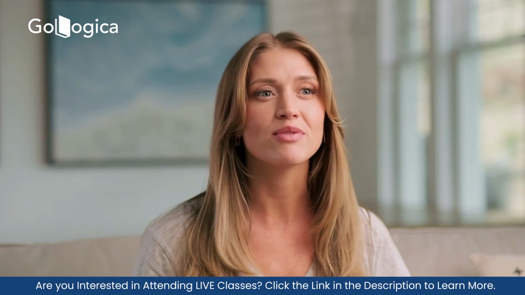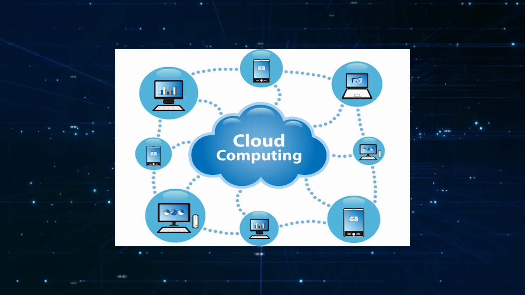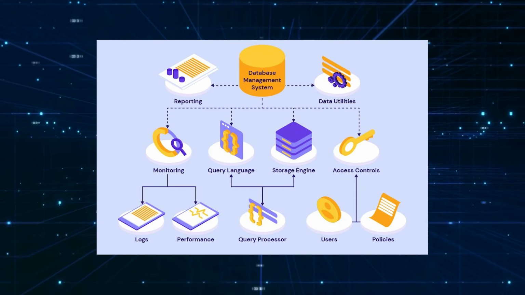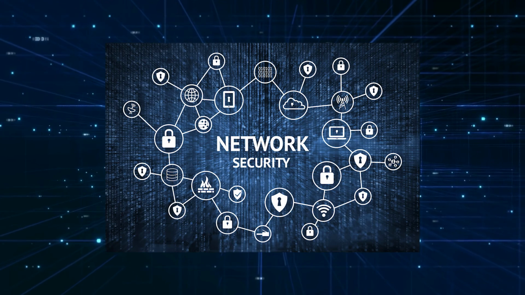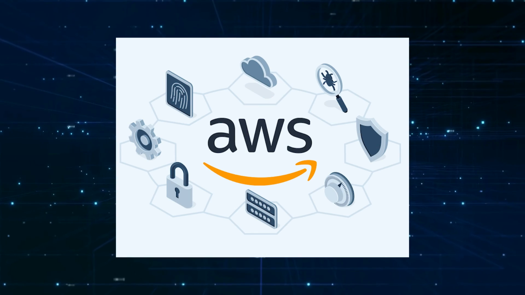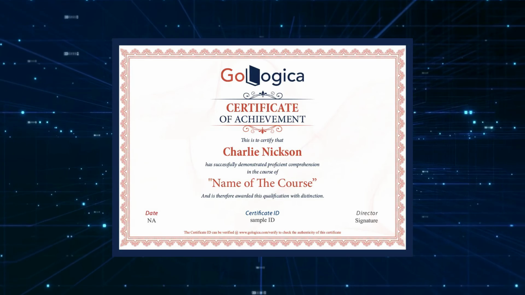The training covers various modules, including an introduction to AWS, cloud computing concepts, compute services, storage and databases, networking and security, CI/CD and DevOps, advanced AWS development, real-world projects, and certification preparation.